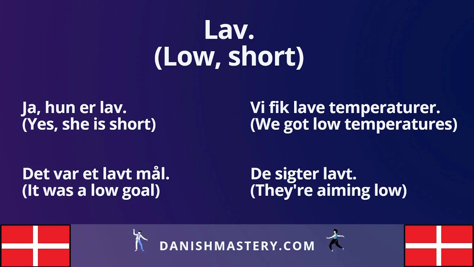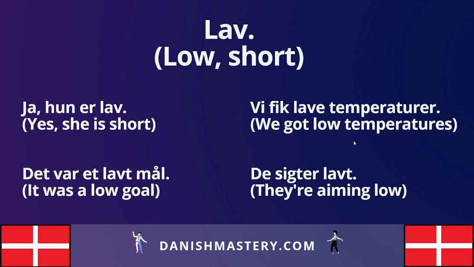Like it's something we got. We say that a lot about the weather. Så vi fik lave temperaturer. Temperaturer, if I have to say it slowly. But again, nobody says that in real life because it's too much work. Temperature is fine. Well, maybe if you're a beginner, you should do the dictionary style first, and later on you can cheat, like I talked about before.